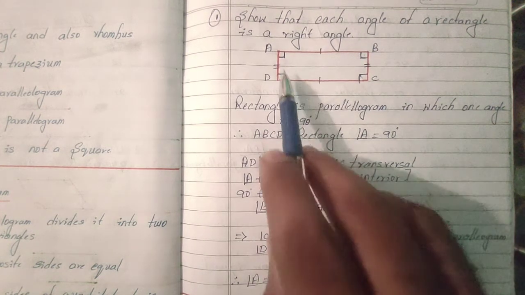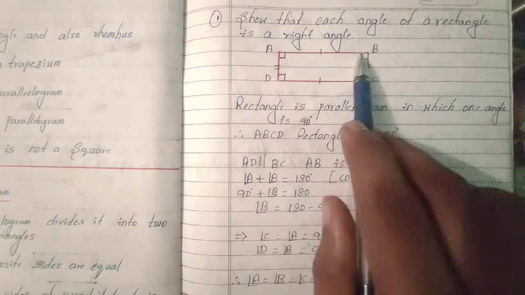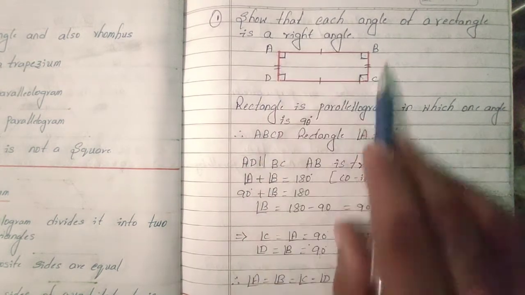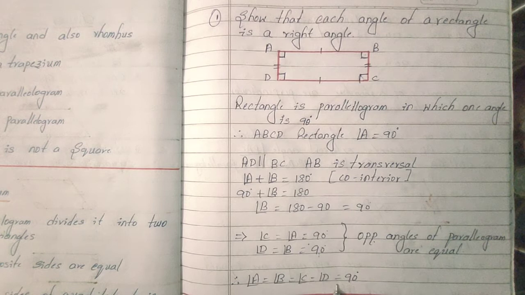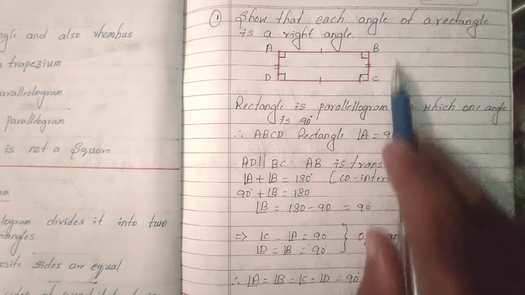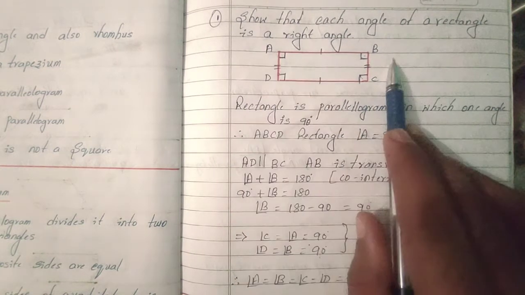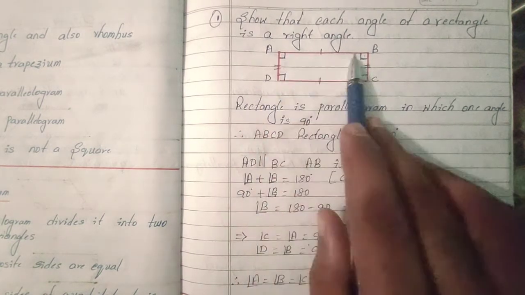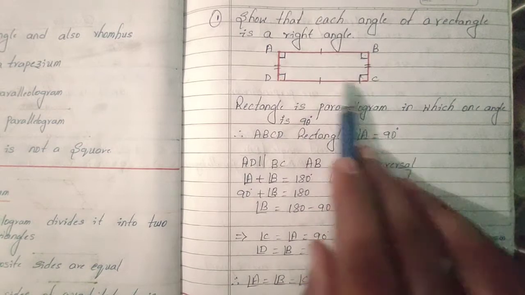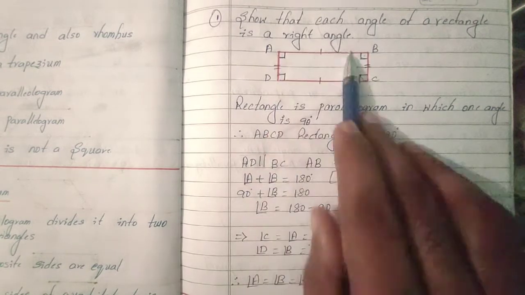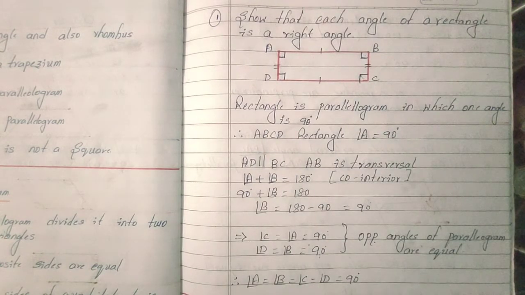Therefore, what have I completed? All angles of this parallelogram are 90 degrees. And this is a parallelogram where one of the angles is 90, so this is nothing but a rectangle. So this rectangle has 4 angles, all are 90 degrees. Okay.